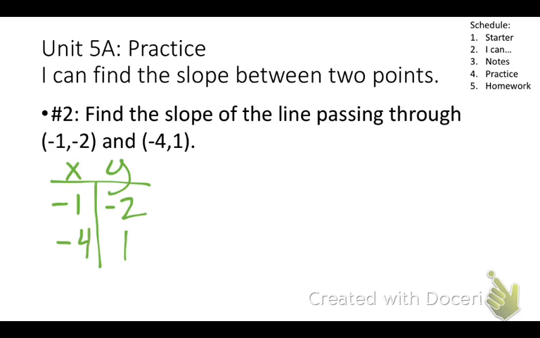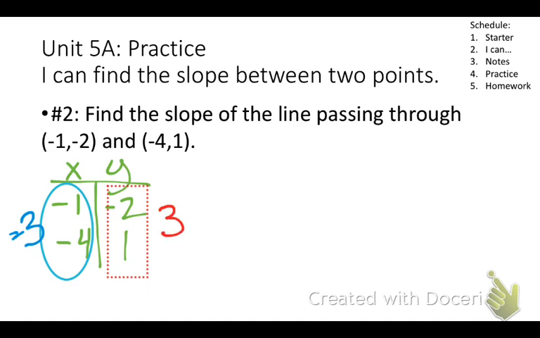Now I look at it and I say, okay, I've got to find the change in my x value. All right, I start at -1 and I go to -4. Well, I'm going more negative, so that's -3. All right, now I'm doing my y's. -2 to +1. Ooh, that's a 3.